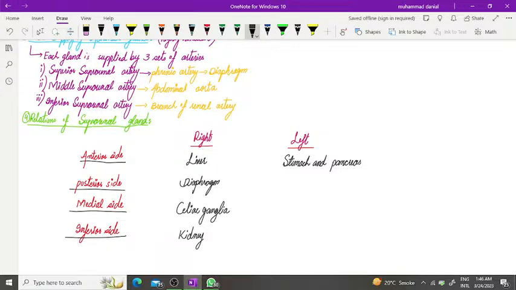And to the posterior side, diaphragm is present, same as that of right. And to the medial side, celiac ganglia is present, and to the inferior side, the left kidney will be present. So the only difference here is the anterior side: in case of the right suprarenal gland, the liver is present, and in case of the left suprarenal gland, the stomach and pancreas are present. Okay.